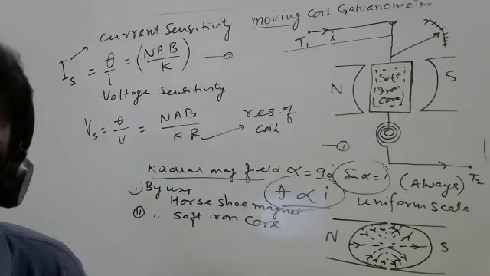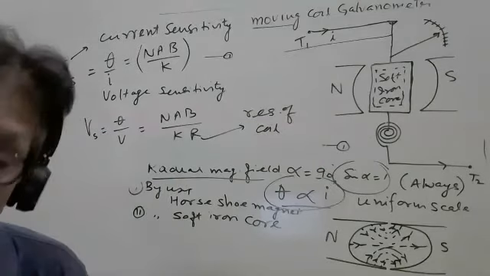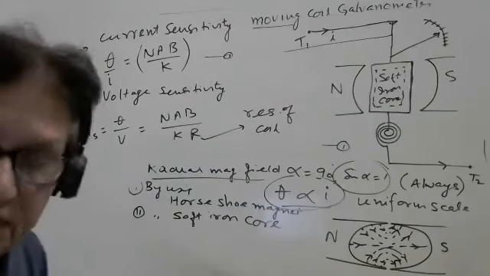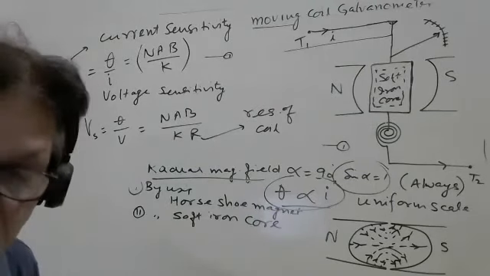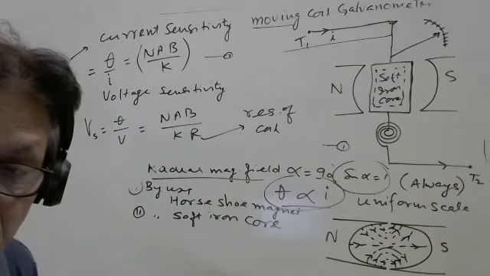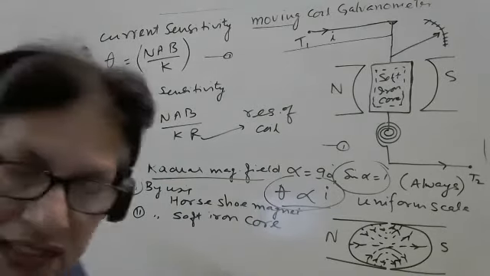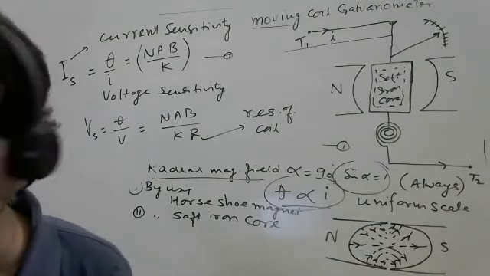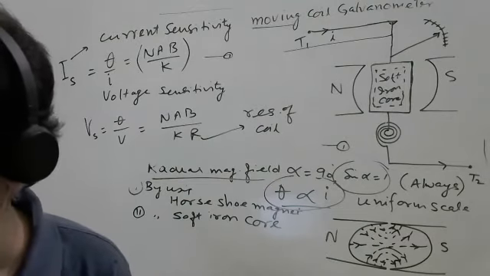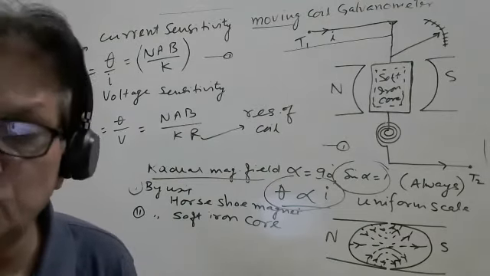So we can convert this sensitive galvanometer to a voltmeter and ammeter. Here I'm taking the example so that you can easily understand what is the meaning of this. How can you convert this galvanometer, because there is no ammeter, there is no voltmeter.